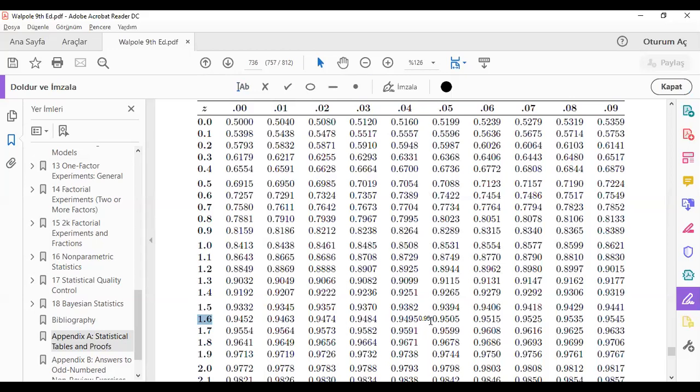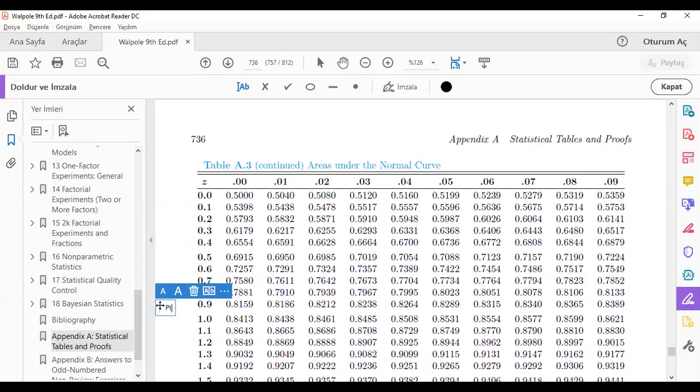So from this table we can say that the probability that z is smaller than 1.645 is equal to 0.95, which means z sub 0.05.